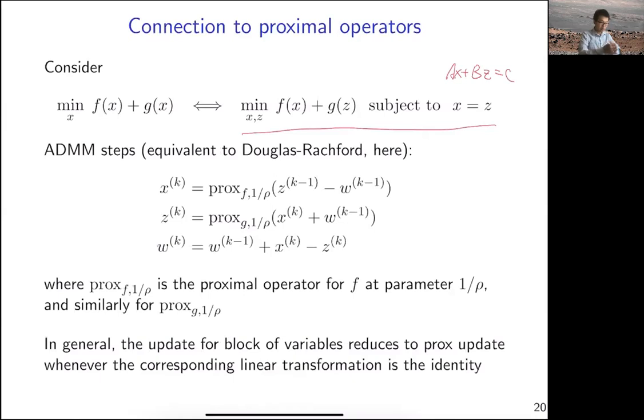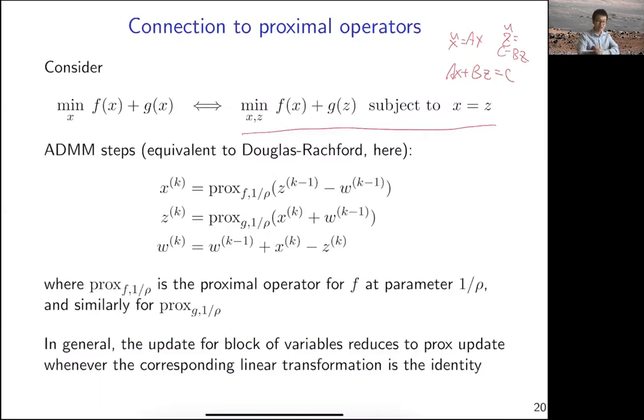Notice that this is also without loss of generality, because you can define x tilde to be Ax, and z tilde to be c minus Bz, in which case you can convert all problems that can be solved by ADMM into this seemingly more specialized form with a slightly different f and g.